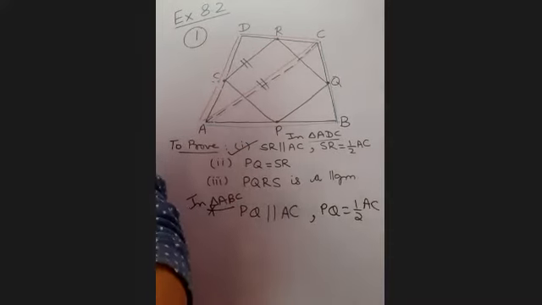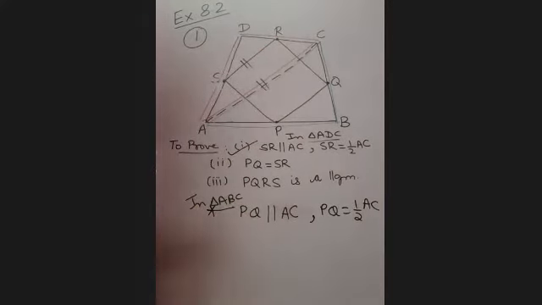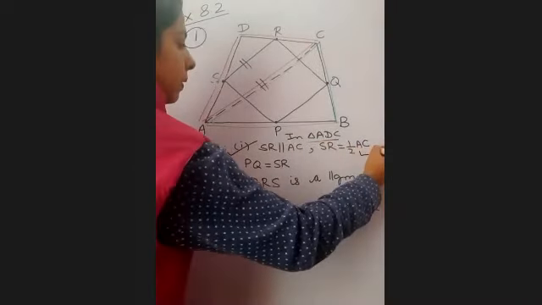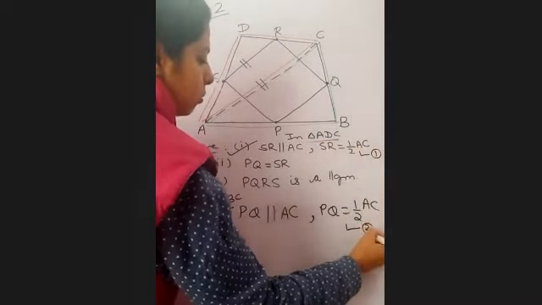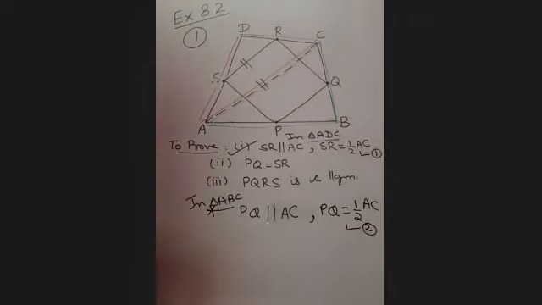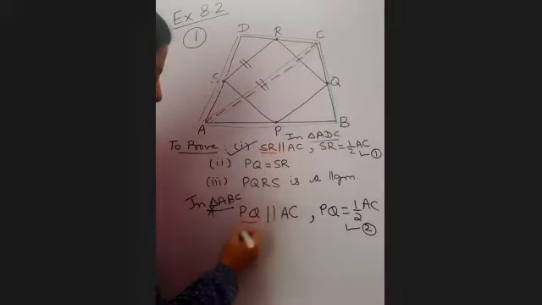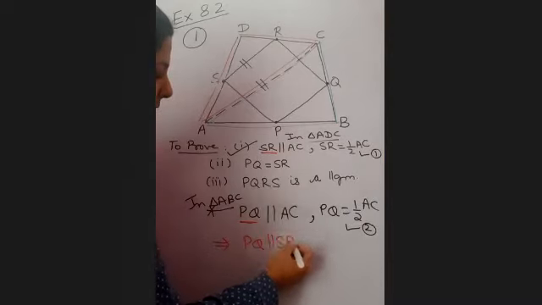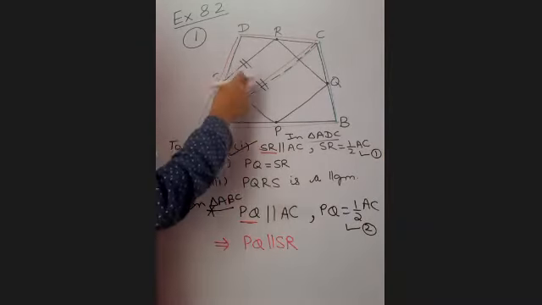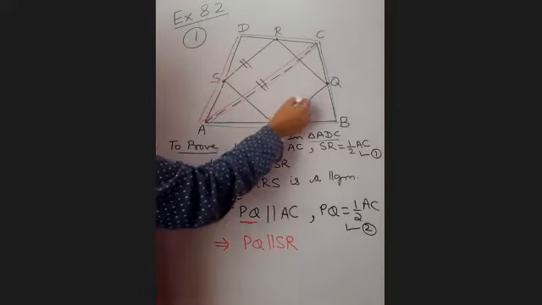Okay. From 1 and 2, if I call this 1 and this 2, what is the conclusion, children? SR is parallel to PQ. Does it mean that PQ is parallel to SR? Yes, ma'am.